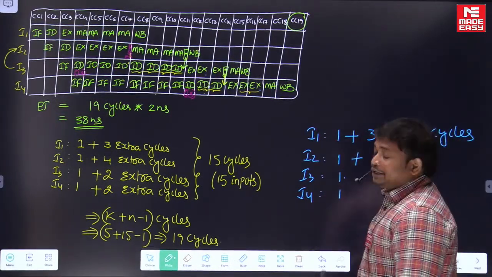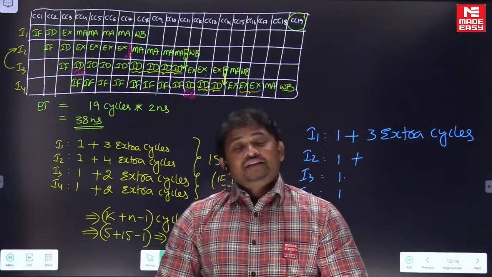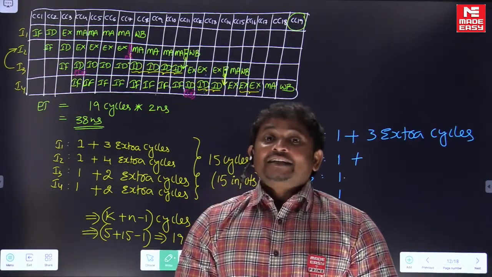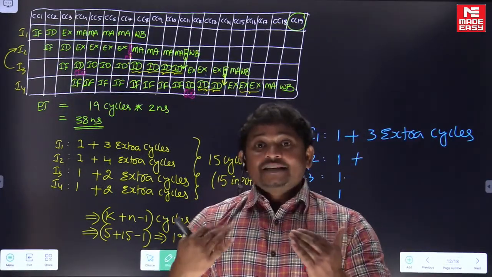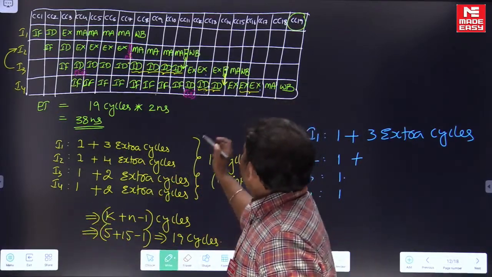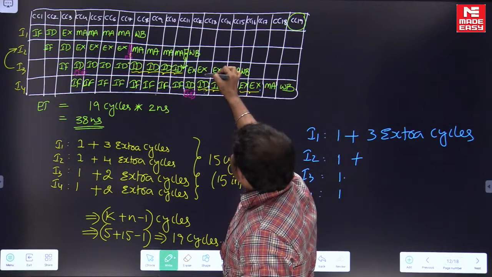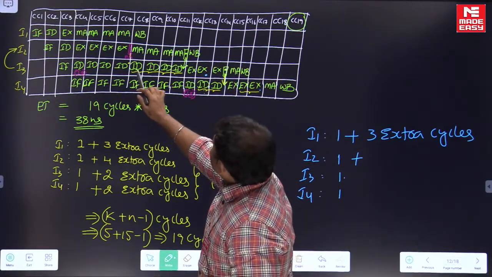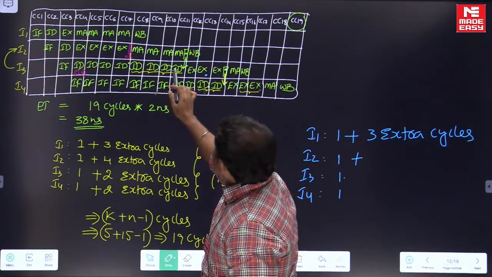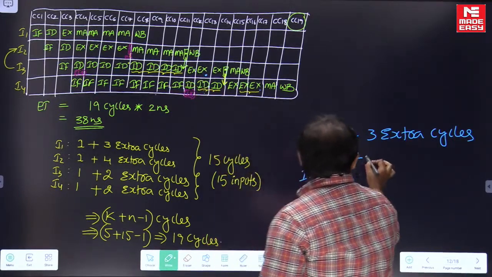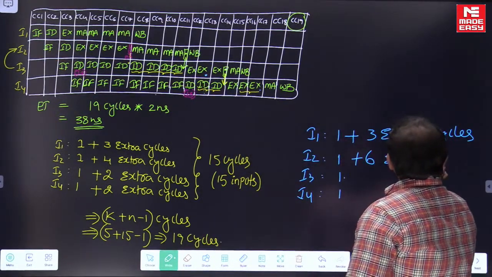Next, I2. I3 to I2, there is a data dependency. That data dependency accesses the data after completion. After completion means here. Here it is accessing the data. Therefore, how many? 1, 2, 3, 4, 5, 6. 6 extra cycles.